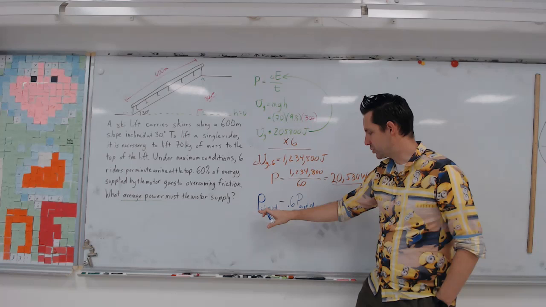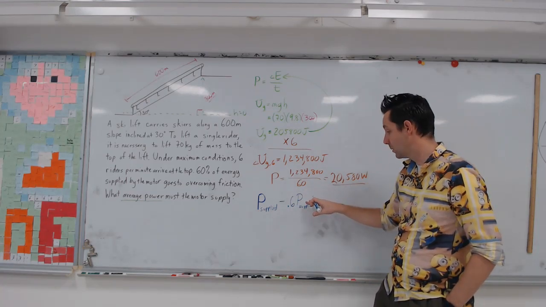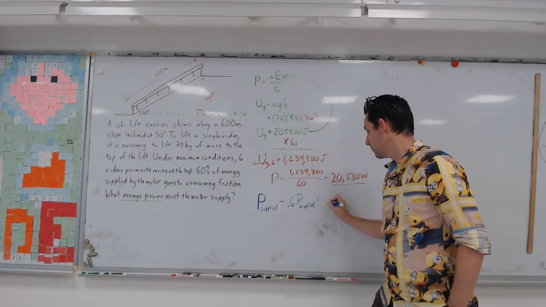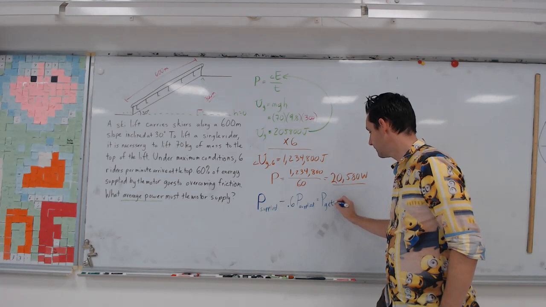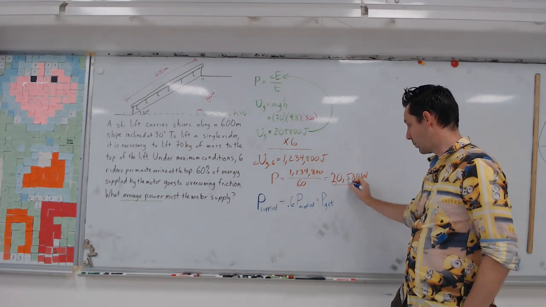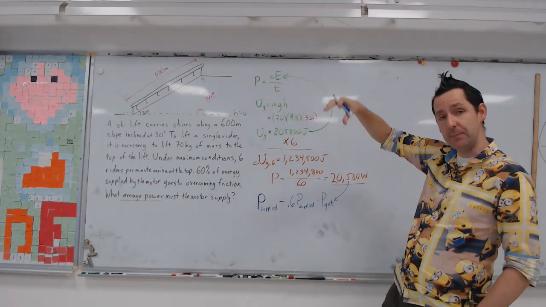So the total power minus 60% of that power will equal the power that I actually get. Now that was this number. That's what I actually get out of it, what actually happens, those people moving up.